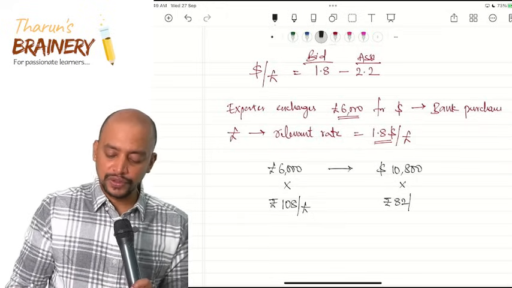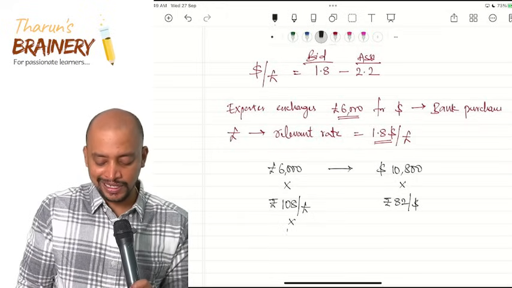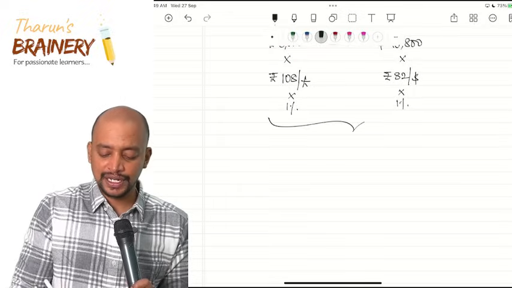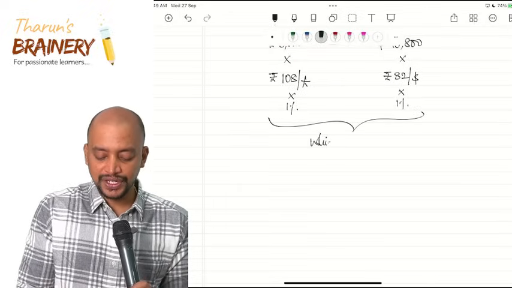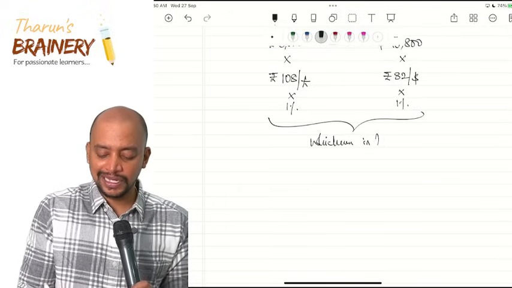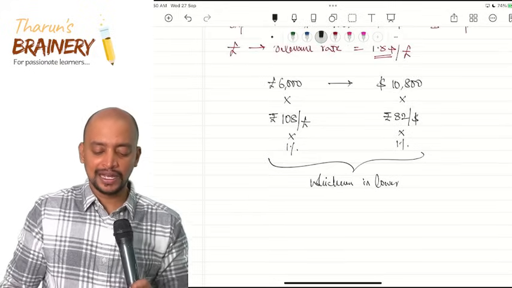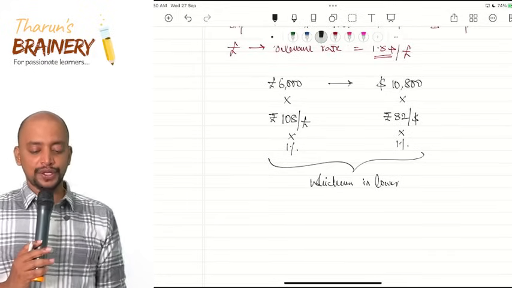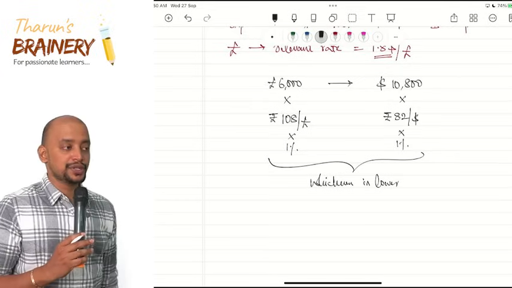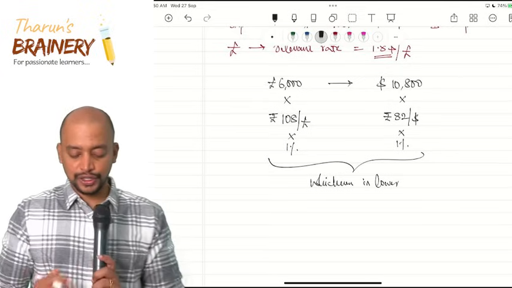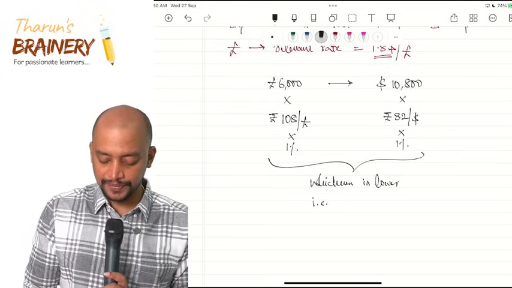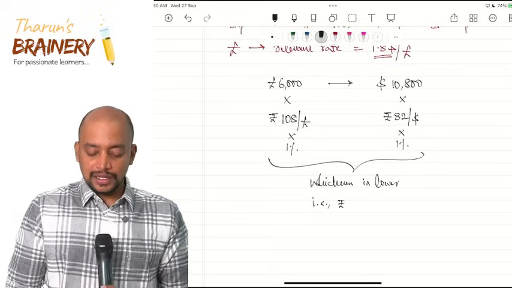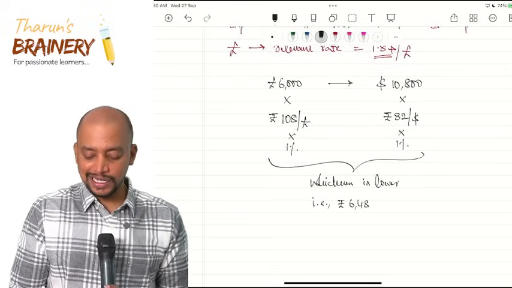Convert both into Indian rupees using the RBI reference rate, multiply with 1%, and take whichever is lower. So 6,000 into 108 into 1%, and 10,800 into 82 into 1%. Whichever is lower should be taken as the value. That is 6,480.